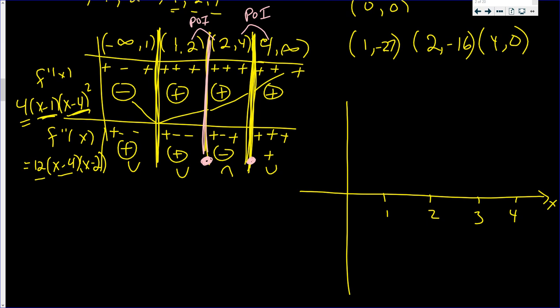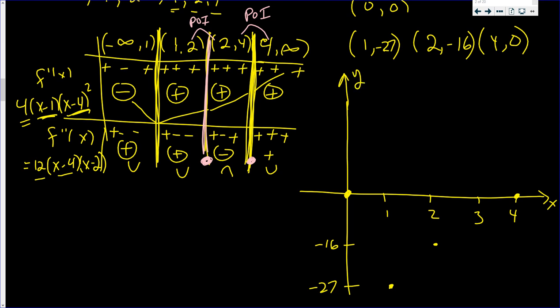When x is 1, I bottom out at negative 27. When x is 2, I go down a little bit more than halfway. I go to negative 16. When x is 4, I'm at 0. And I cross the origin.